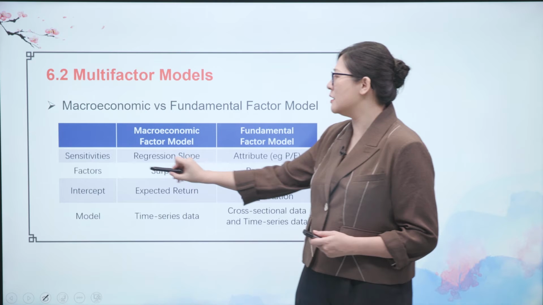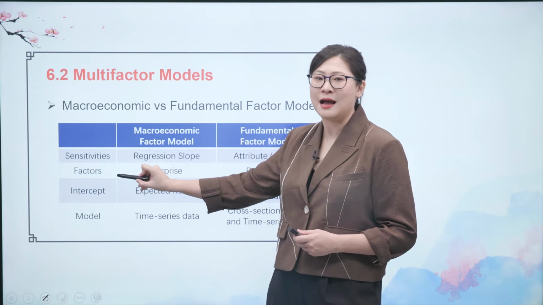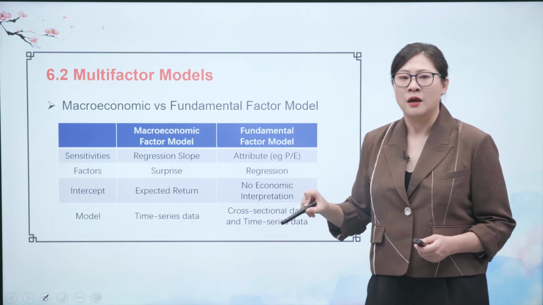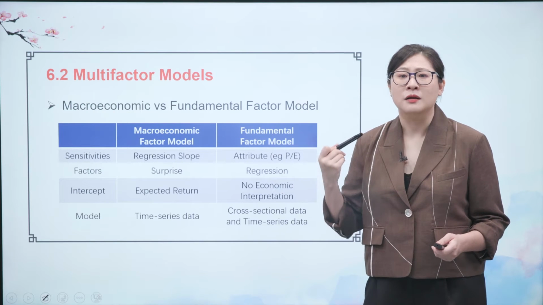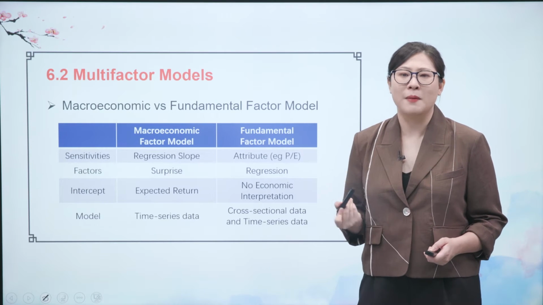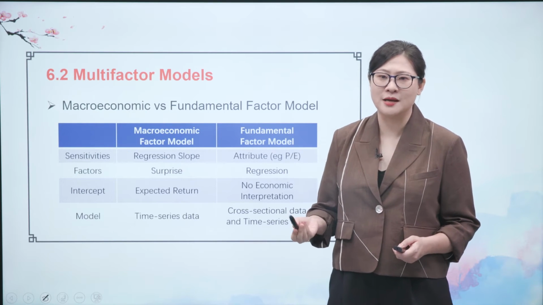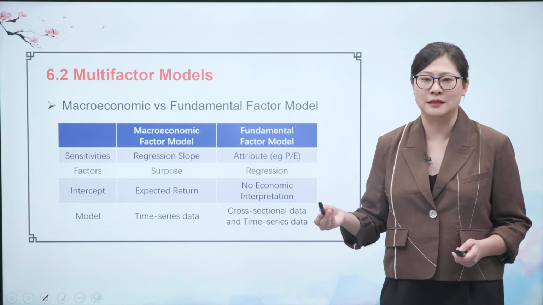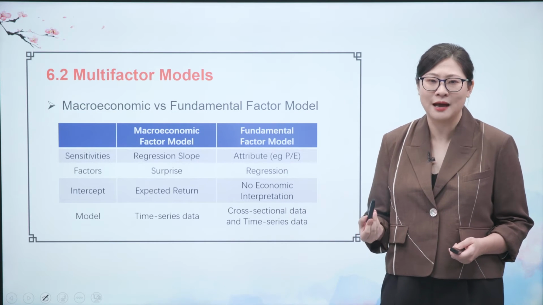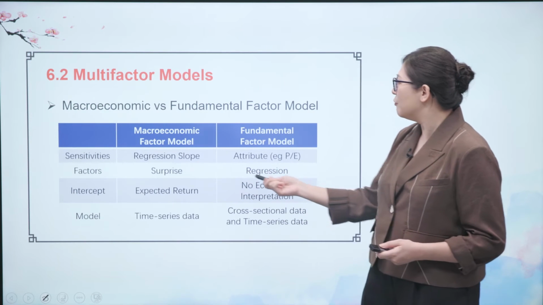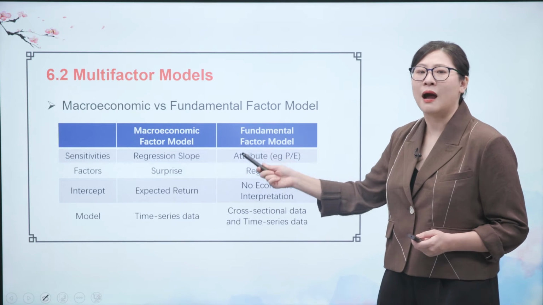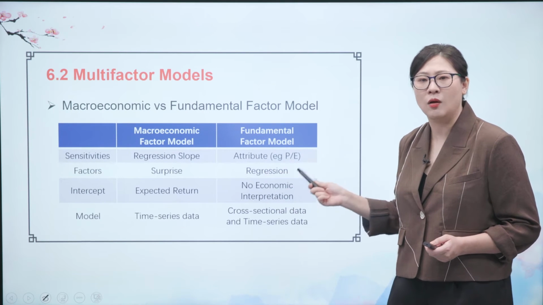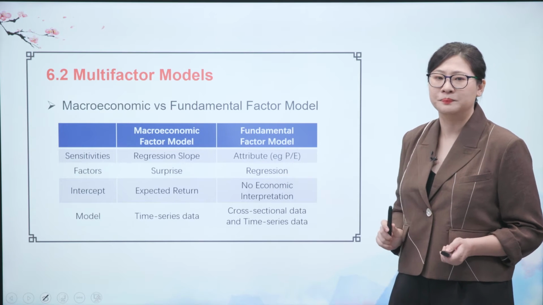The second difference is for the risk factors. For the macroeconomic factor model, the factors are surprises. You remember the GDP surprise or the quality surprise. And for the fundamental factor model, these factors are our regression results.